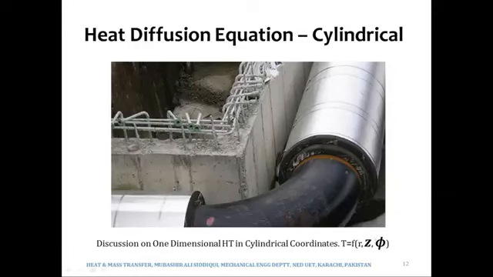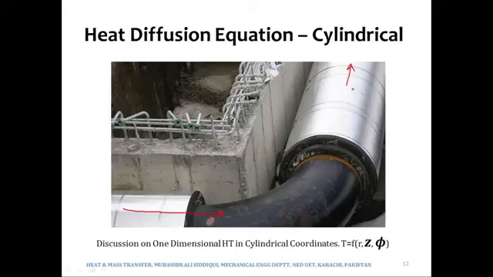So if this is a pipe carrying steam, and if the steam is flowing in this particular direction, that would be its z axis, means along the length of the pipe. So that is pretty simple.